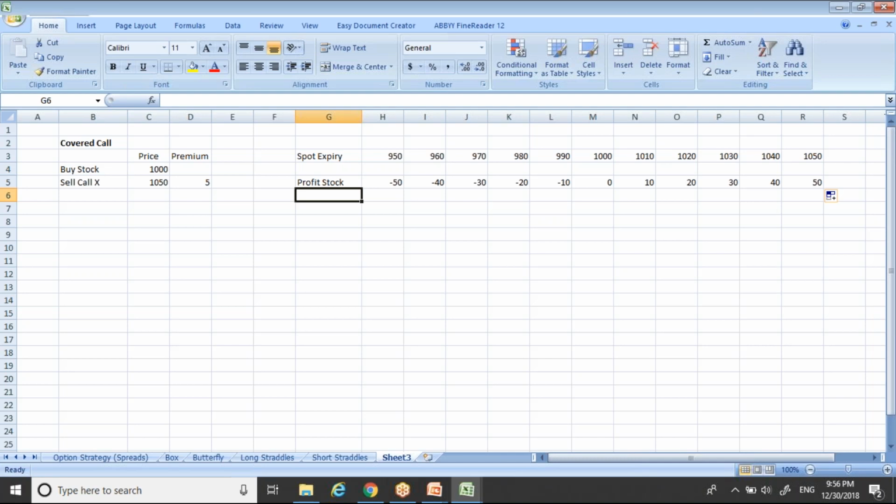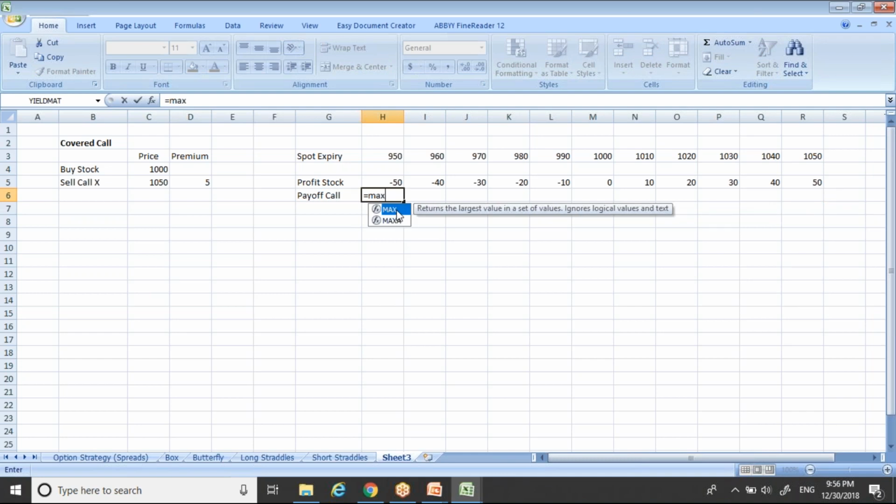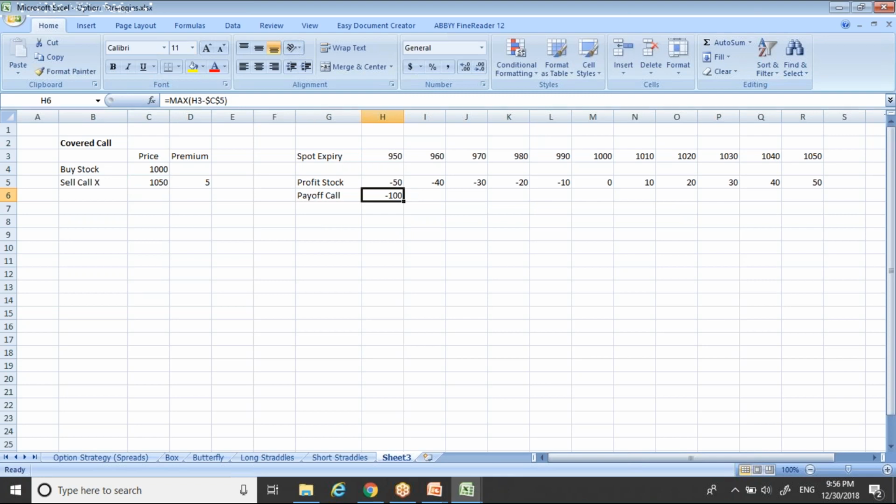And payoff from call would be max of spot minus the strike, or 0. Right. So here is the payoff.